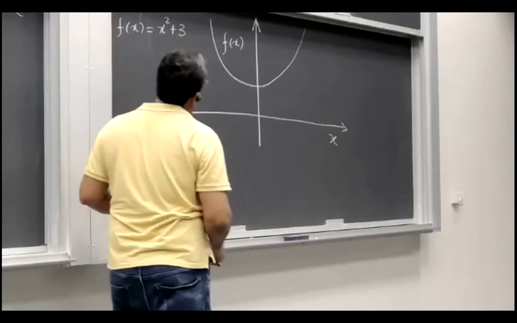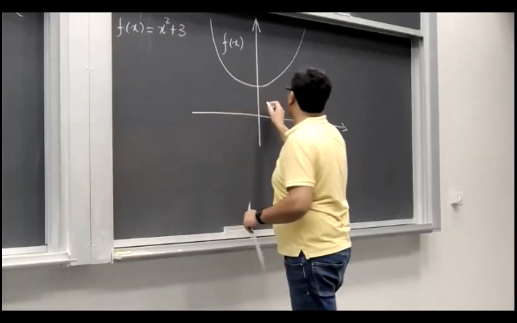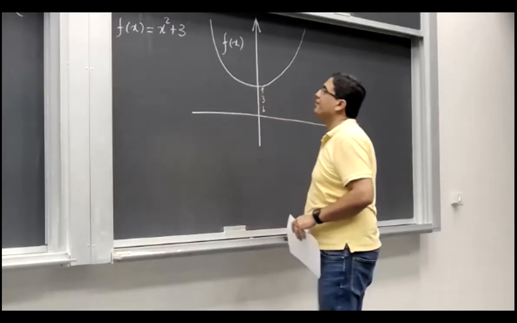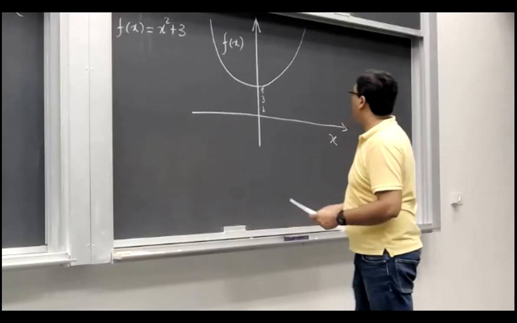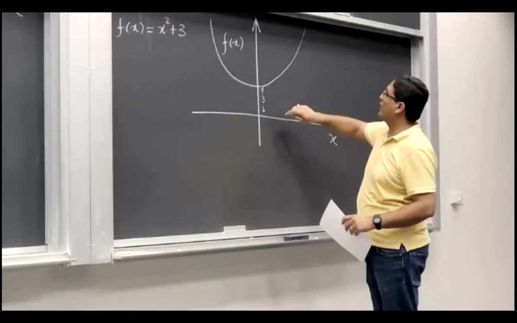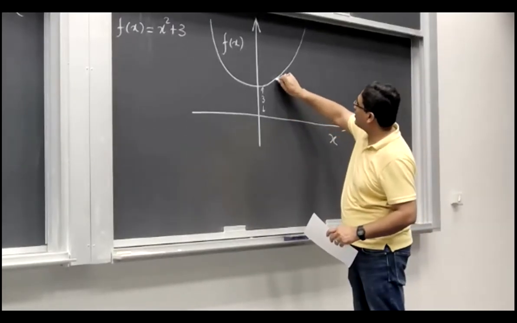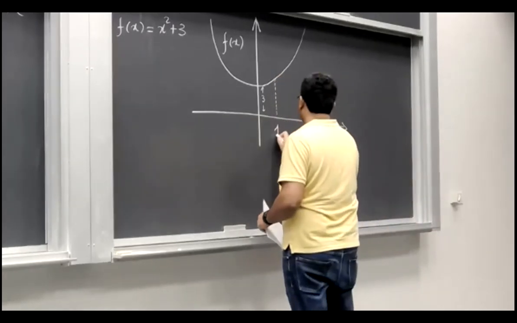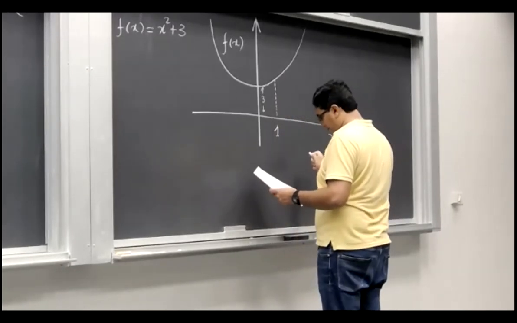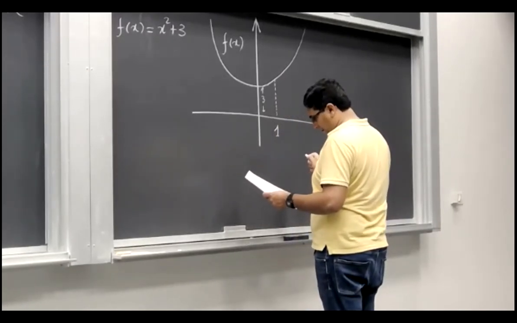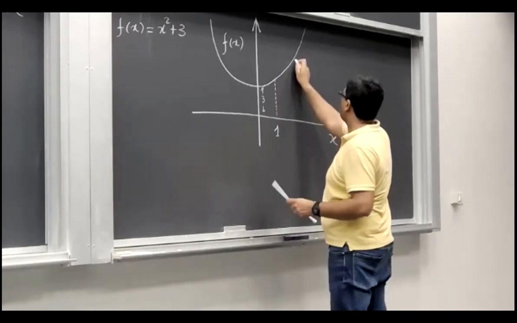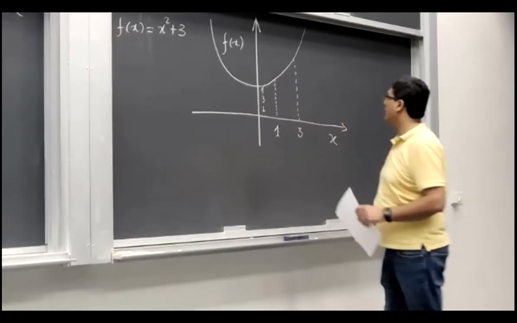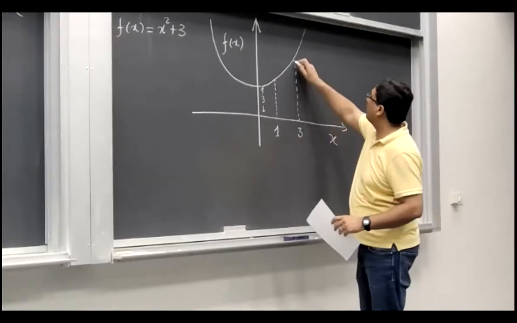If you plot such a function, it would look like this. This is 3. Now we want to find the area under this curve, or the integral, between these two values, at 1 and at 3. All right, so we want to find this area.